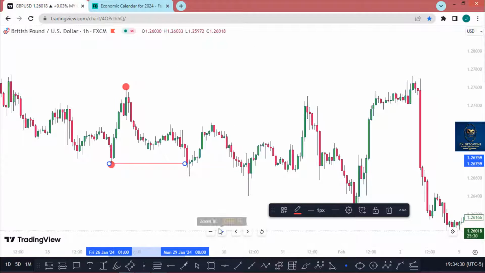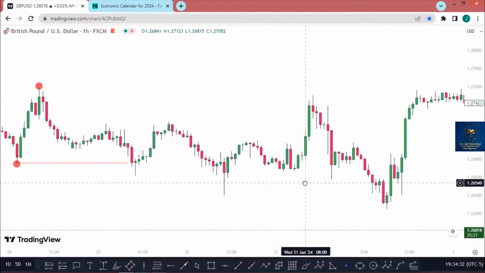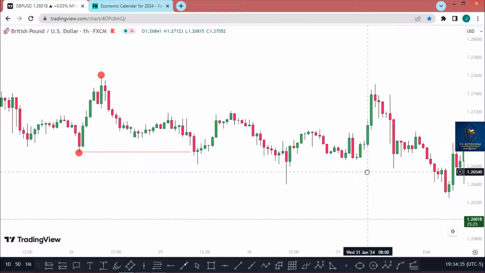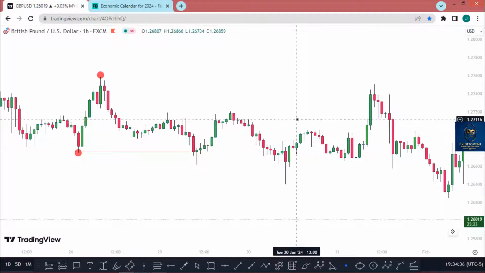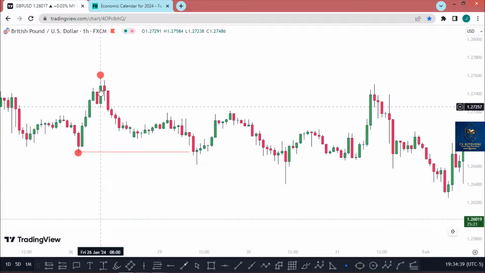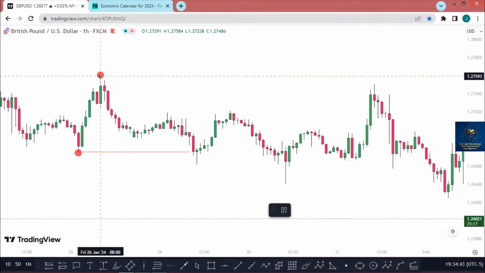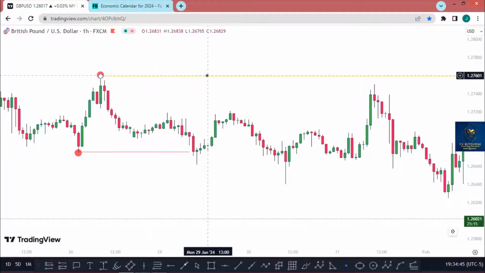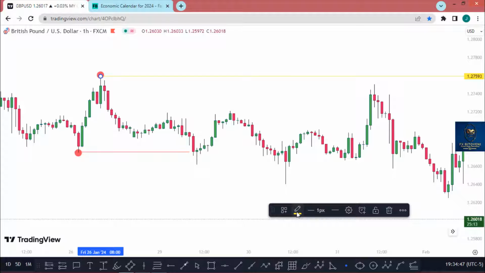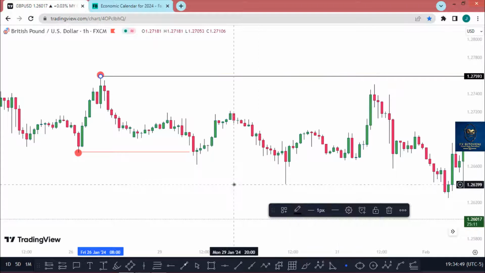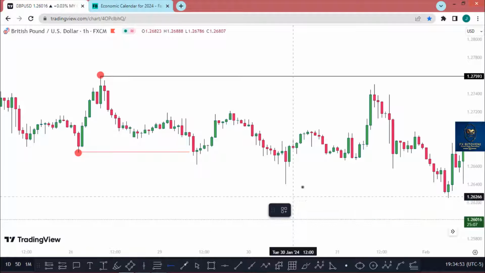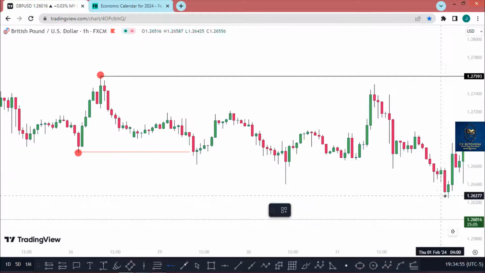Let's say you don't have anything on the left side. This will be the highest point you see on the screen, and this will be the lowest point you have on your screen. Let's say this one.